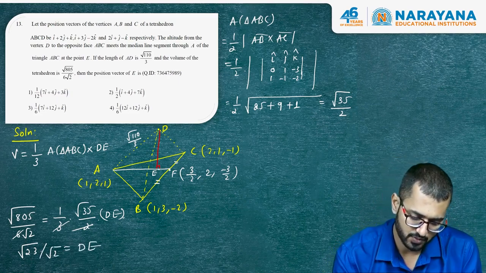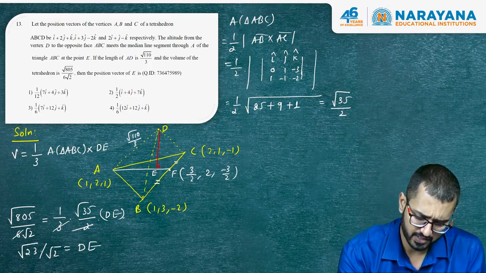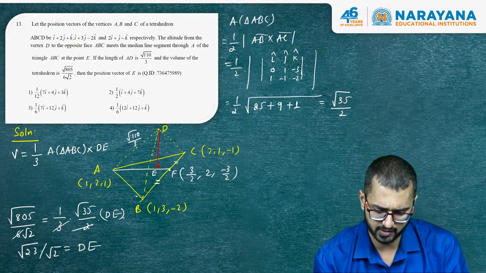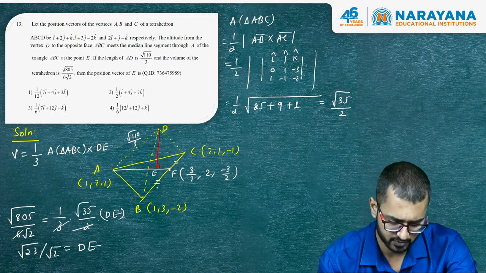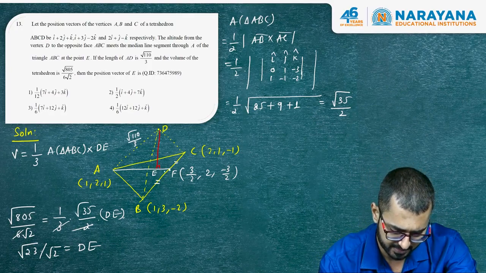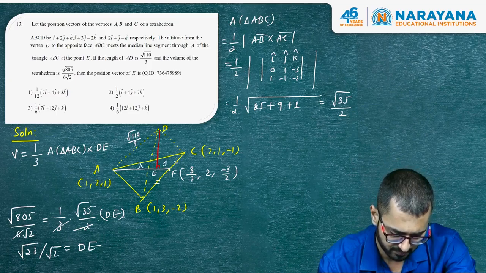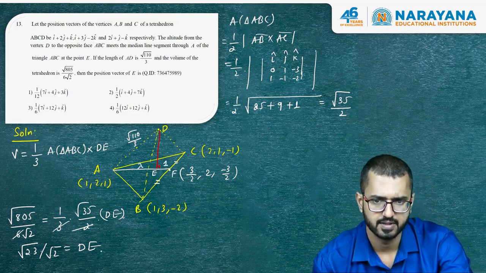Now our goal is to get the position vector of E. For finding the position vector of E, we can apply the section formula for internal division. Suppose my E divides segment AF in the ratio lambda is to 1.